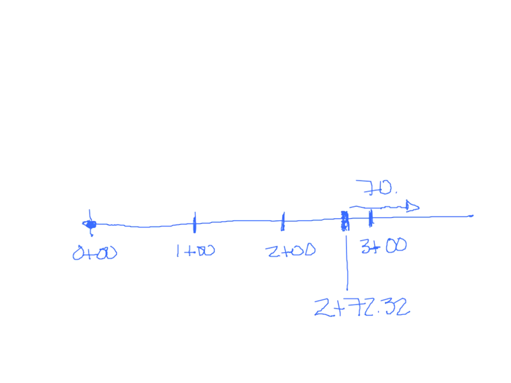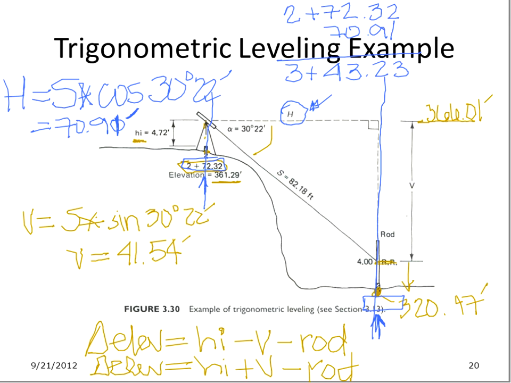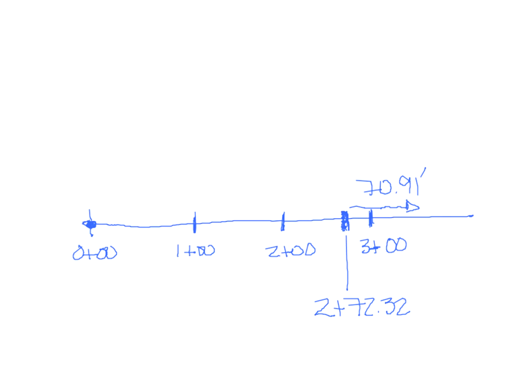So we're traveling horizontally 70.91 feet as calculated, which puts us at 343.23. So if this right here would be 400 feet out, right about there would be the 3 plus 43.23 feet. Does that make sense?